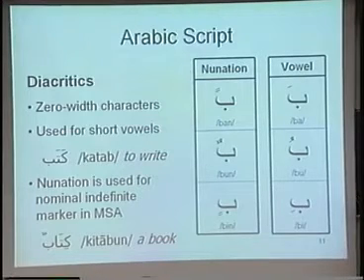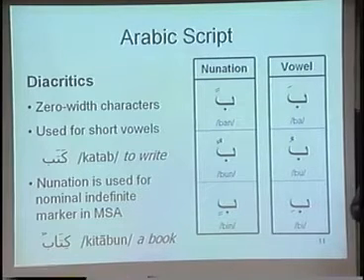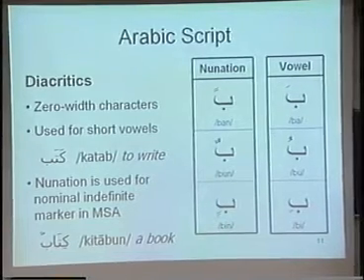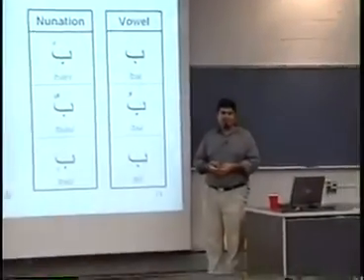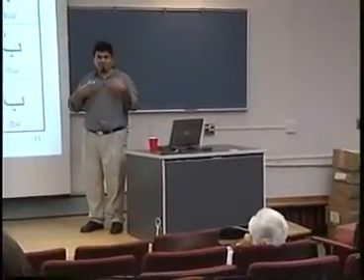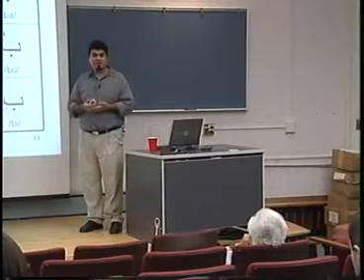Being a diacritic, that means it's optionally written. So sometimes it's not written, but it's always pronounced. If it's not written, is it still pronounced? If it's not written, well, if you have somebody who's doing a good job reading, they have to pronounce it.